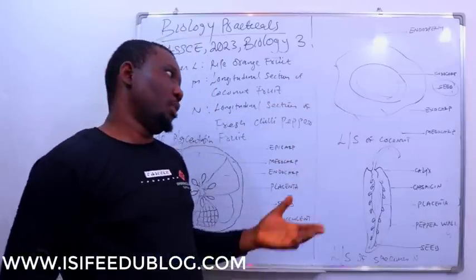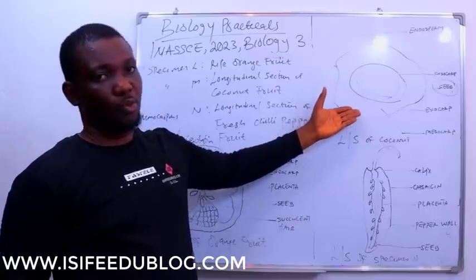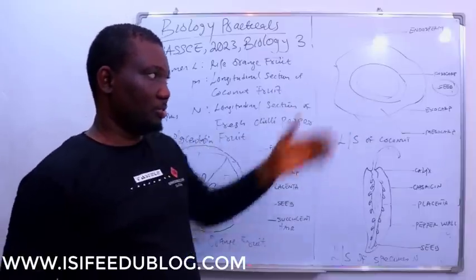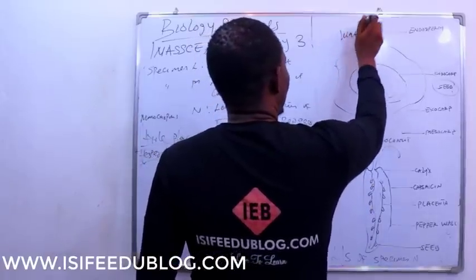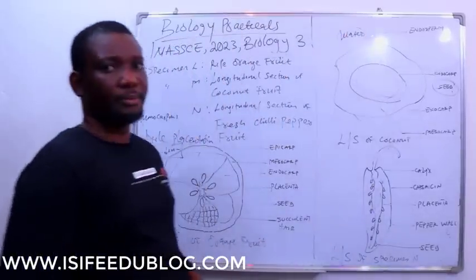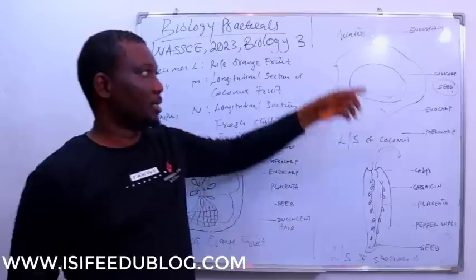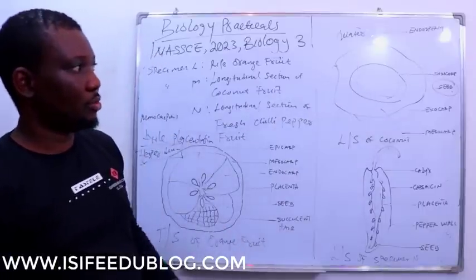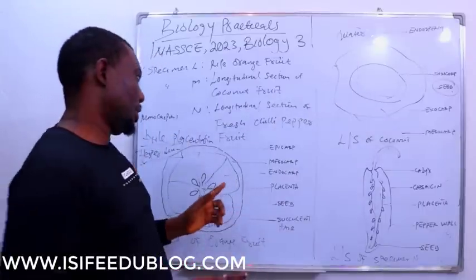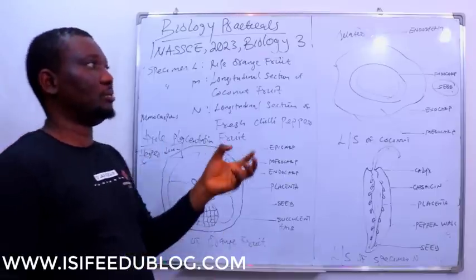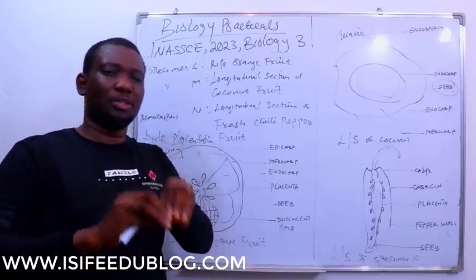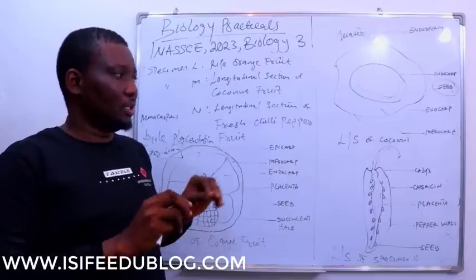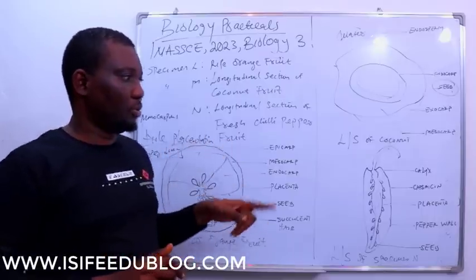But the way this fruit is dispersed is quite different from this fruit. This coconut is mainly dispersed by what? By water. The mode of dispersal is by water. Now, in terms of narrowing down, being succulent, what aspect, if you want to narrow the true nature of these fruits, is it Hesperidia, is it drupe, is it berry?